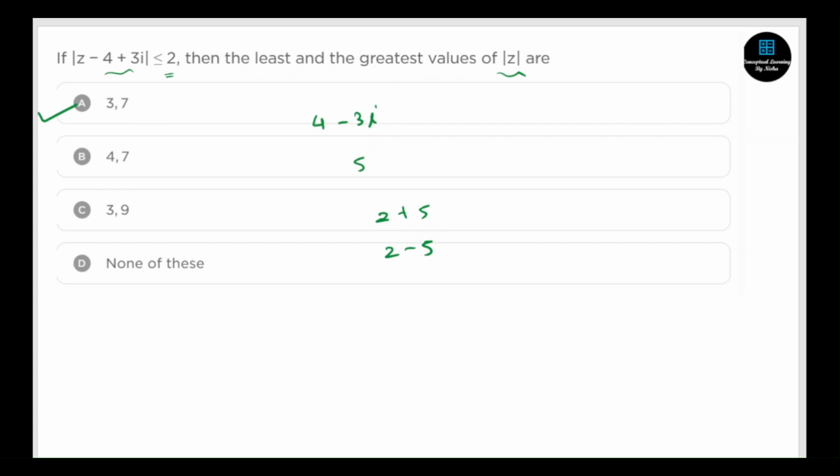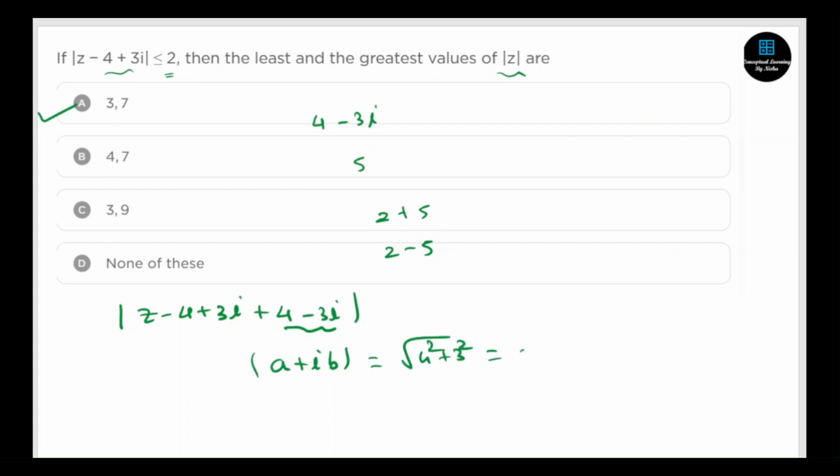Right? See, I can do this mentally very quickly. If someone doesn't understand, I am just solving this again. So see, I have z minus 4 plus 3 iota, and to get just the modulus of z, I have to add 4 minus 3 iota. So this is my a plus ib form, and I need the modulus of this. So what do I get? 4 square plus 3 square, and I'll get 5.